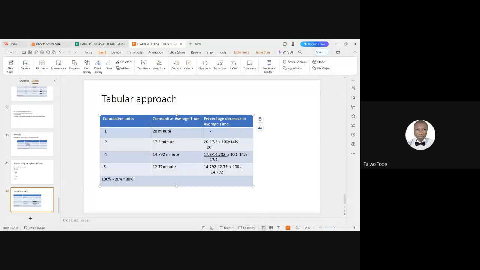The result is 14%. So what will now be the learning rate? When you say 100 minus 14%, the result will be 86%.